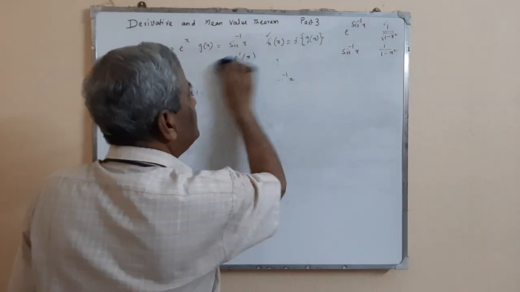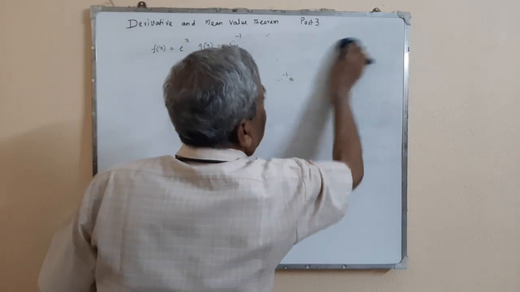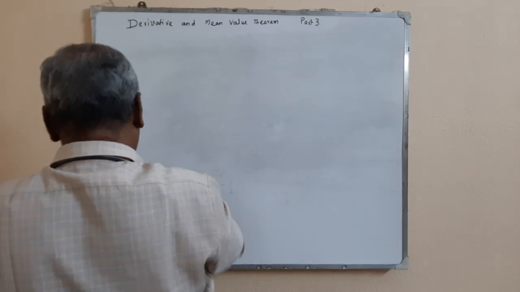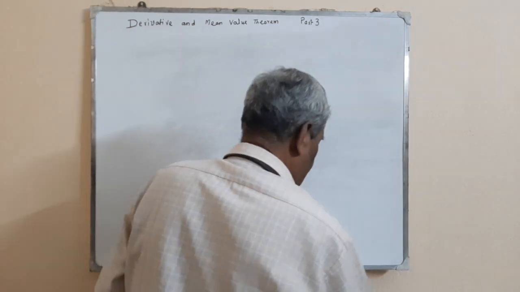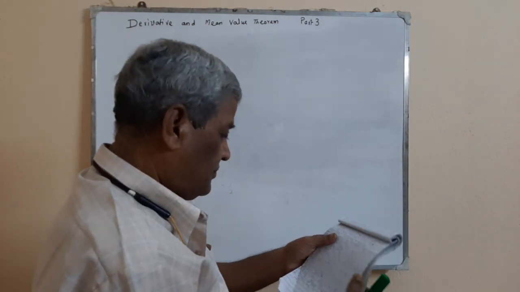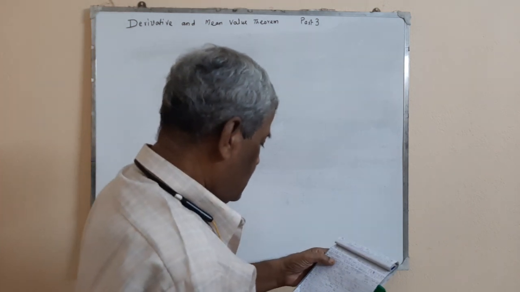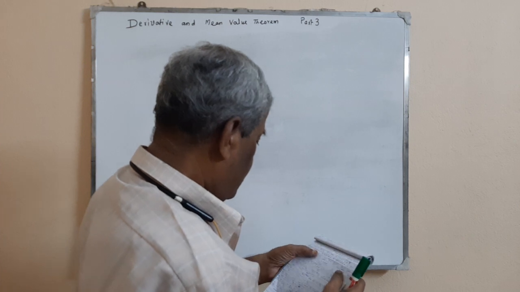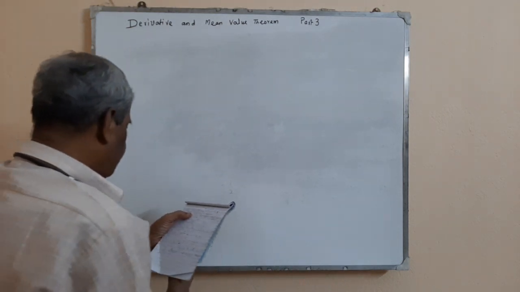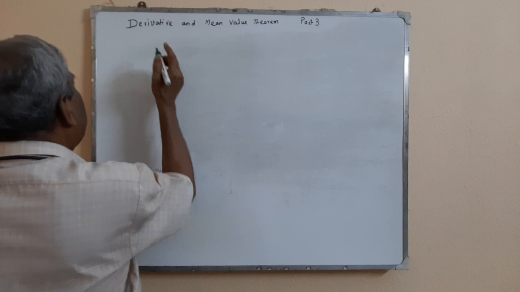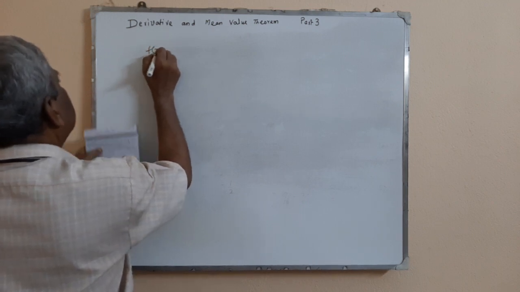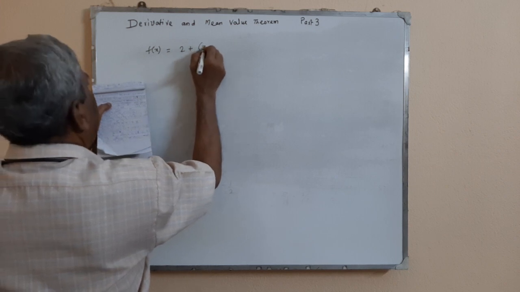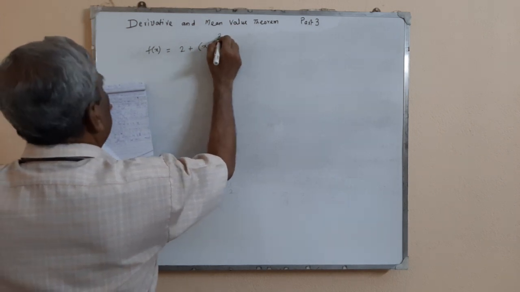Next. Let f(x) is equal to 2 plus (x minus 1) to the power 2 by 3.